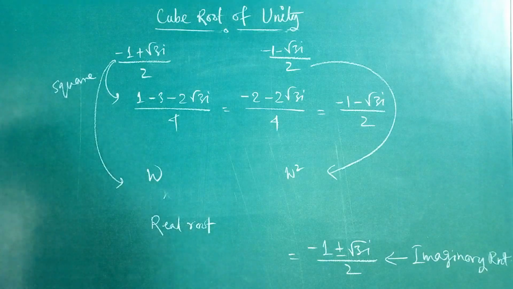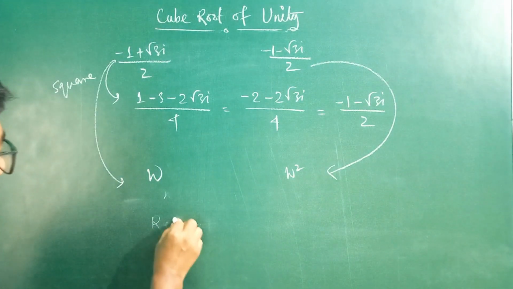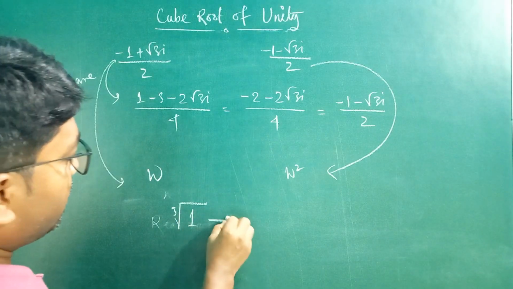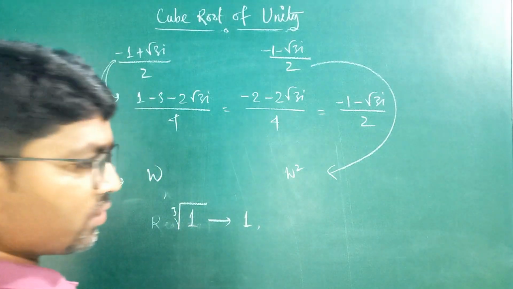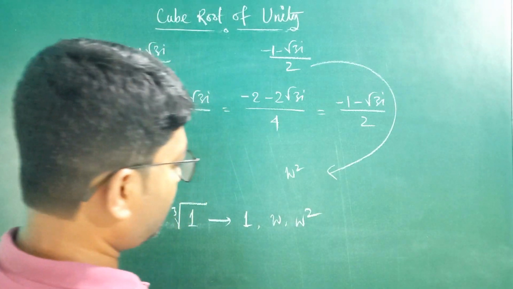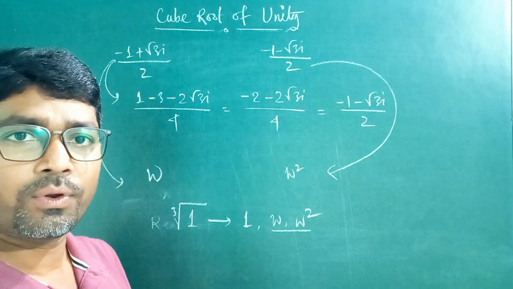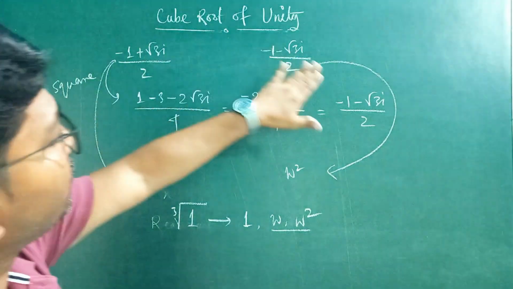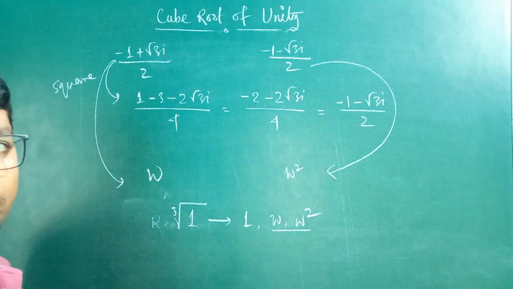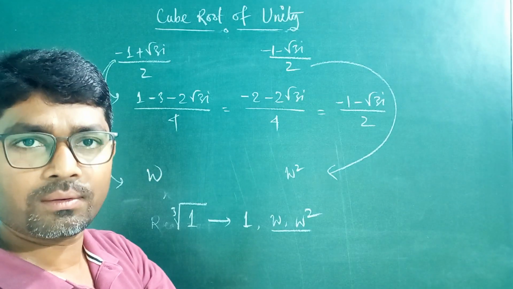That's why we write that the cube roots of 1 are: one real root, that is 1, and the other two, omega and omega square, which are imaginary roots. So clear to everyone? From this discussion, you can easily understand that these imaginary roots are squares of each other.